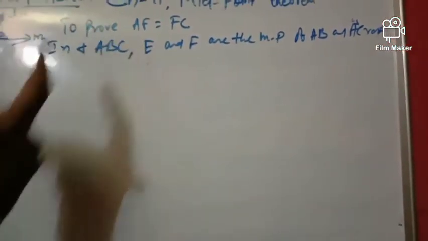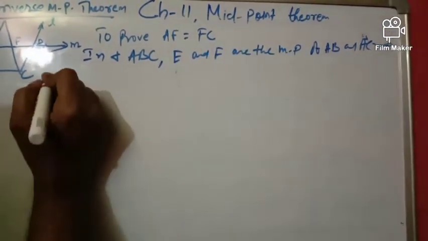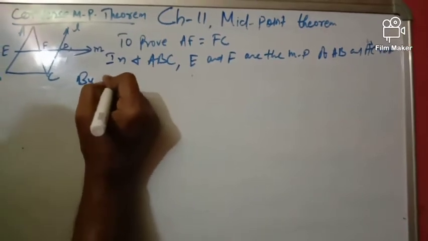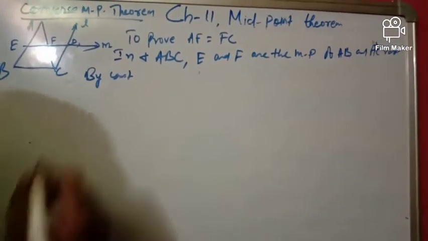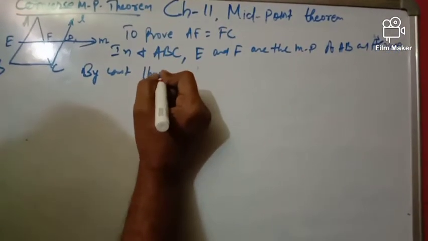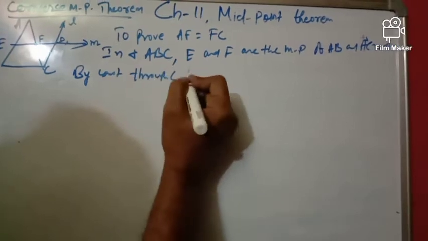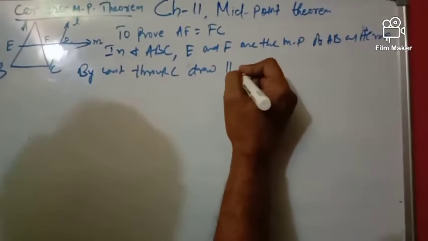To prove AF equal to FC. So by construction, we have to write: through C, draw a parallel line.